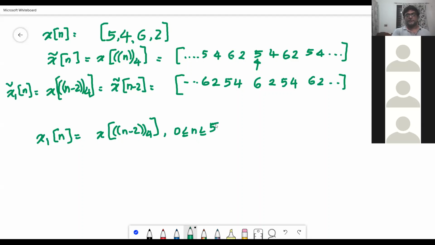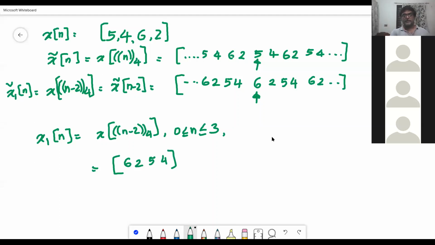So zero less than or equal to n less than or equal to 3. So what is x1 of n? I'll put the numerical value here. Here now you have the 0 here. So 6, 2, 5, 4. Any doubts?